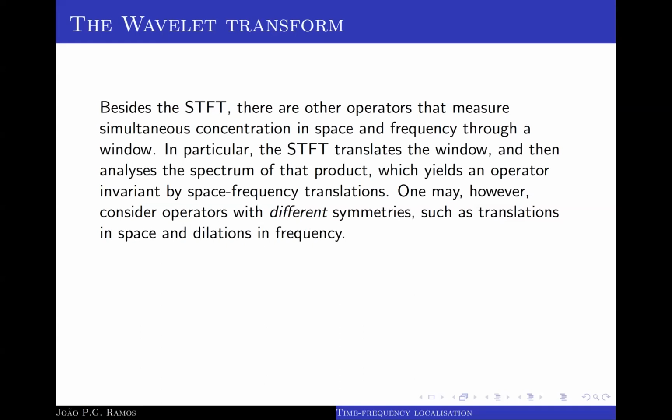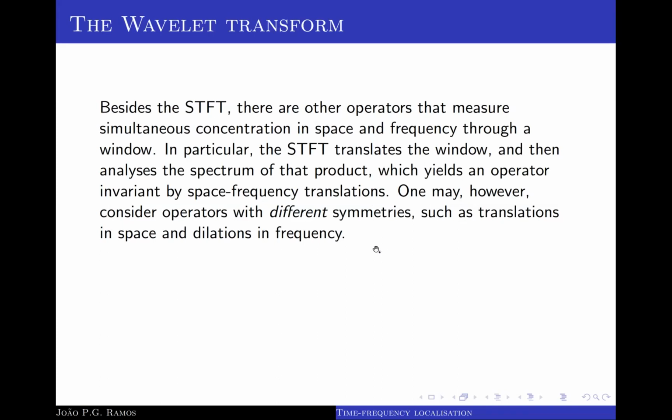If you impose these two symmetries, basically the short time Fourier transform is the natural operator to consider. There is a more representation theoretical background on that, basically a representation associated with this group of translations on R2, but let's not dive so deep into that.